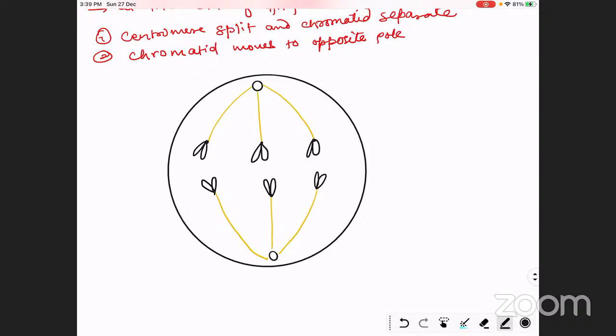So the centromere splits and chromatids separate. Now the chromatids move towards the opposite pole. So this will be the structure at the anaphase.